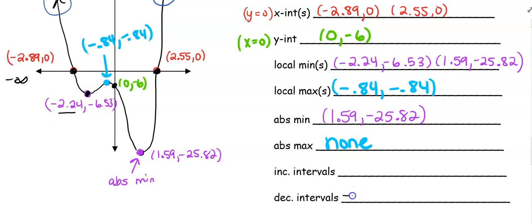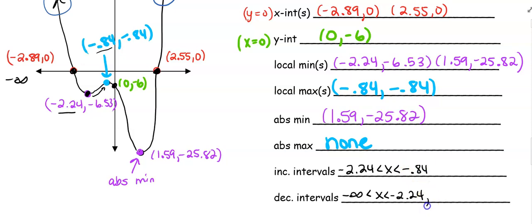So my first interval is decreasing from negative infinity to that first turning point in terms of x, which is negative 2.24. And then I change directions, and I'm going uphill. So I'm increasing from negative 2.24 until this value of negative 0.84.